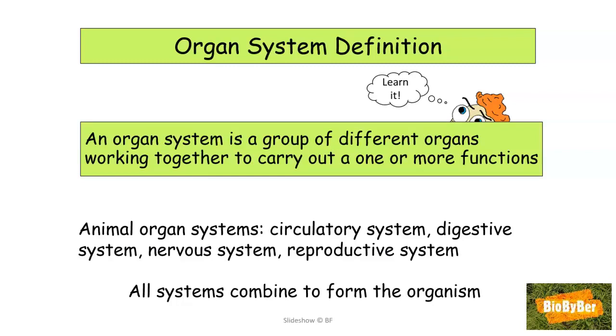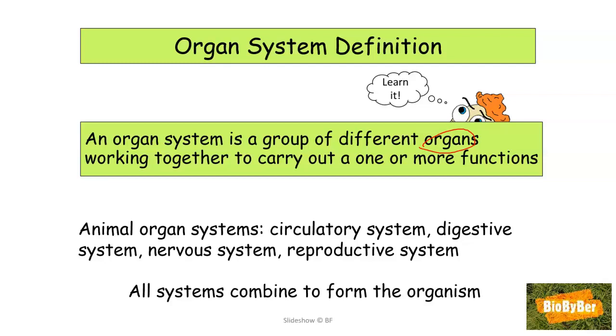So what is an organ system? The definition of an organ system is that it is a group of different organs working together to carry out one or more functions.